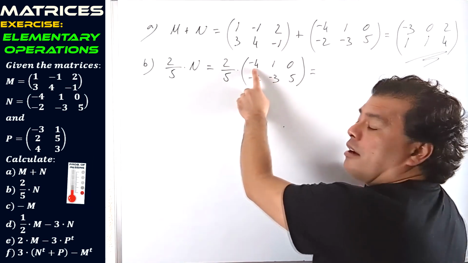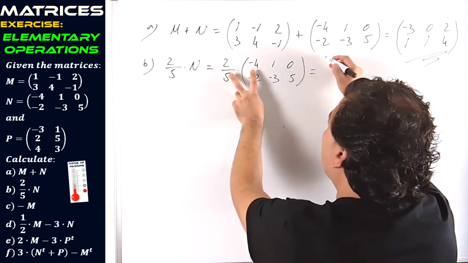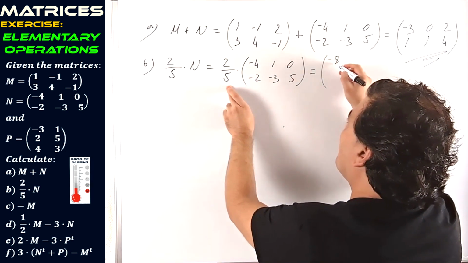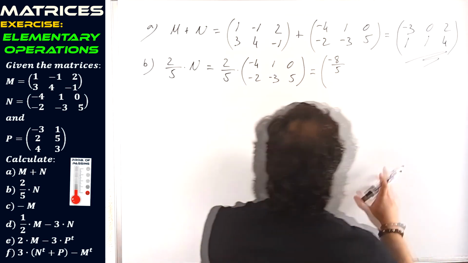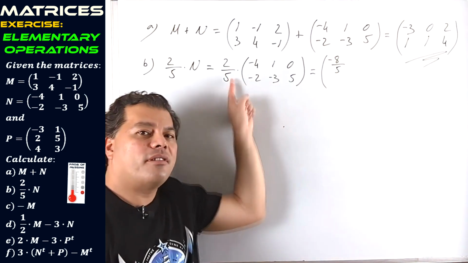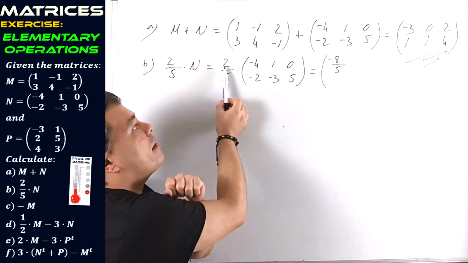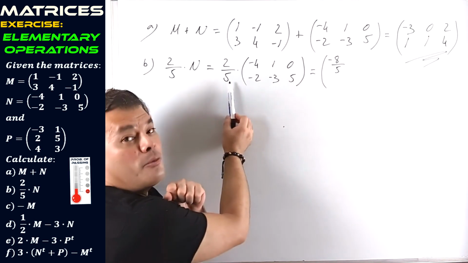2/5 multiplying -4 will be -8 fifths. You know that when a fraction is multiplying a number, that number only multiplies the numerator, not the denominator, right?